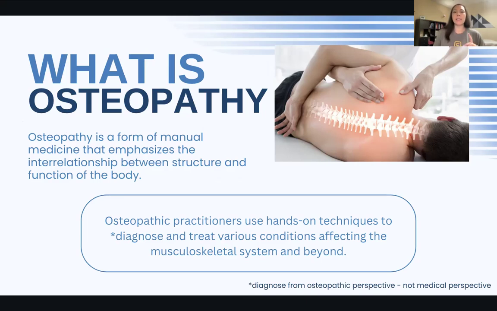Having said that, it's a diagnostics from the osteopathic perspective, not a medical perspective. In Canada, the scope of practice for a manual osteopathic practitioner is not to diagnose specific conditions, but we would create an osteopathic diagnosis in terms of what we see and what we feel and what we're assessing for that individual person.